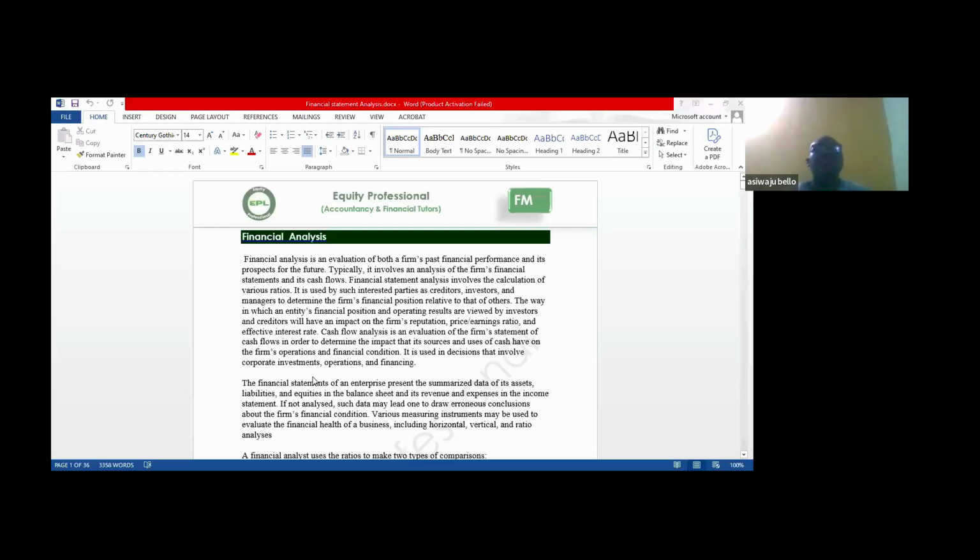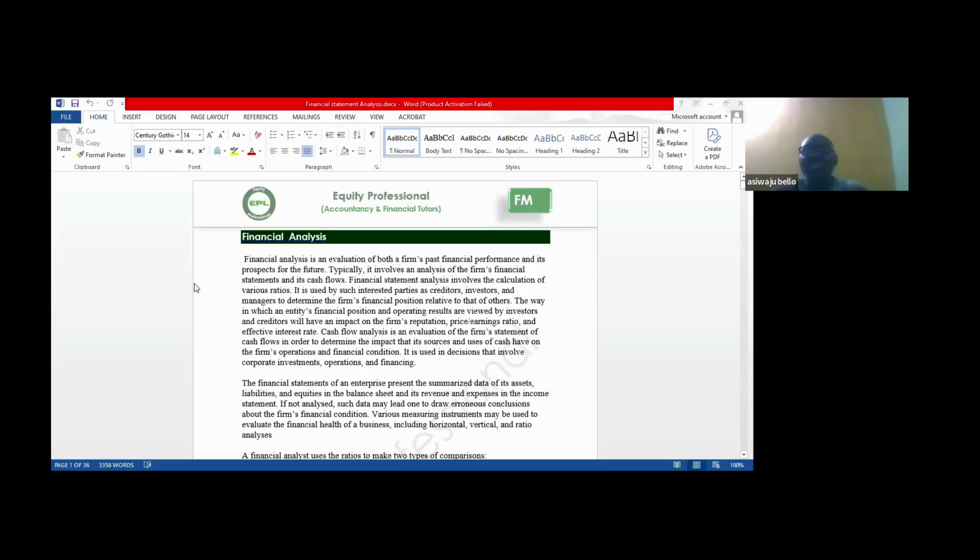Precisely, we define financial analysis as the evaluation of the company's financial statements: evaluation of a firm's past financial performance and its future financial prospects. This evaluation involves financial statement analysis and the analysis of the cash flow statement.